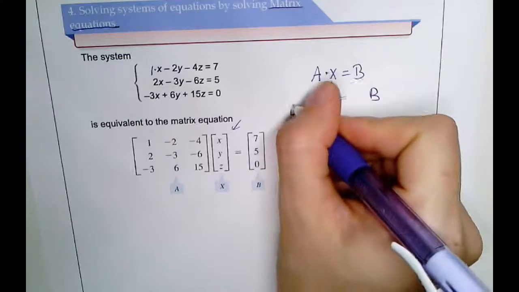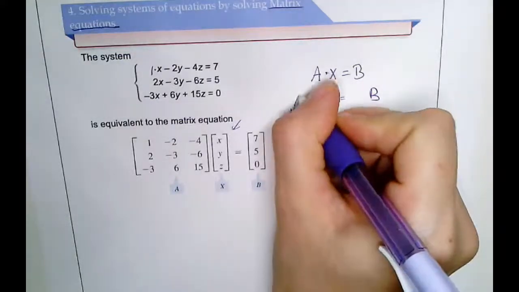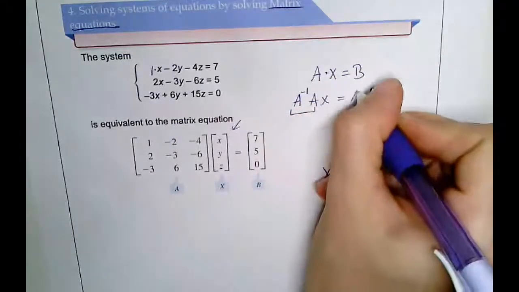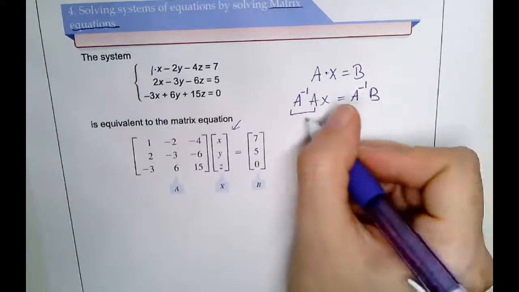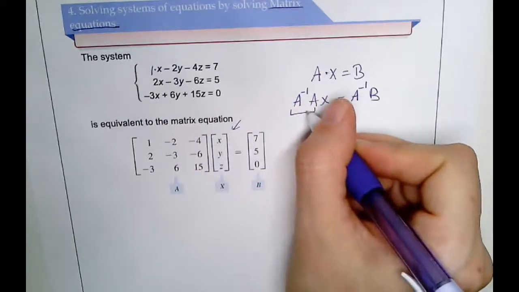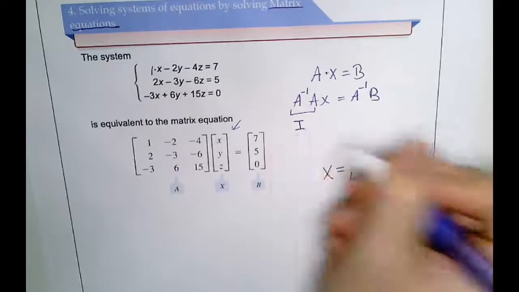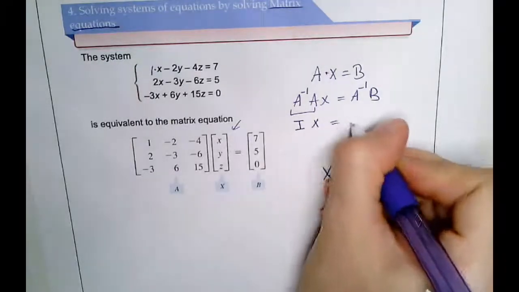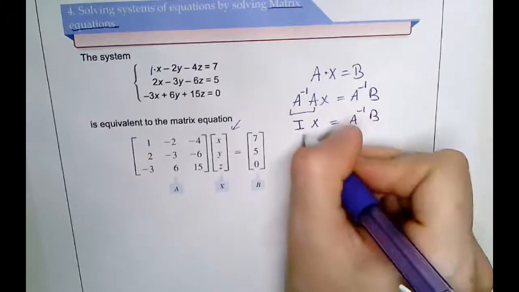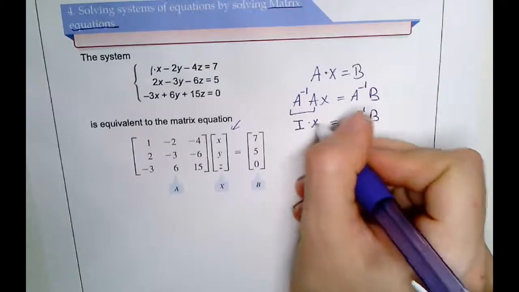Because if I multiply by the inverse on both sides, right, if I do something to one side, I have to do it to the other side, then what is A inverse times A? Well, we know that that's the identity matrix. But then what is the identity matrix times anything?